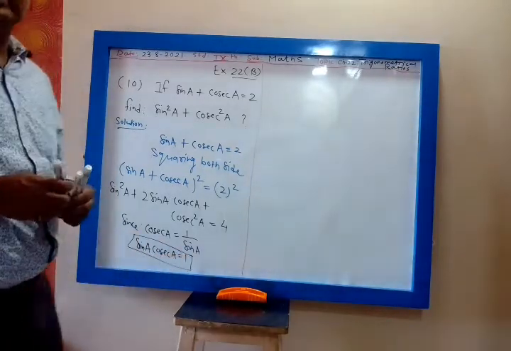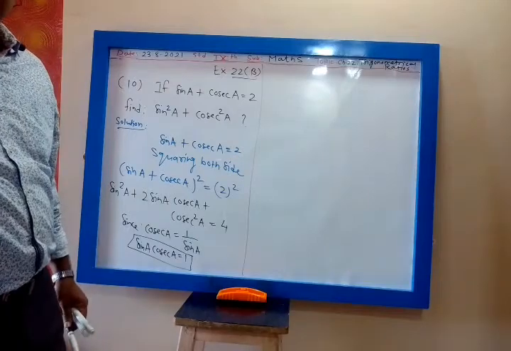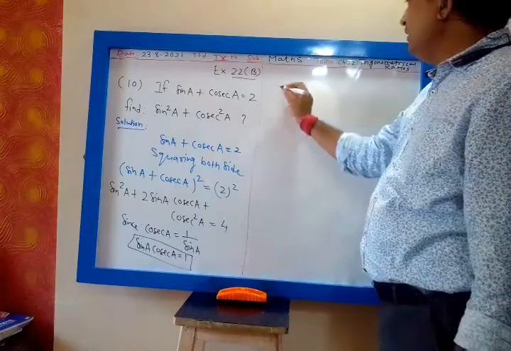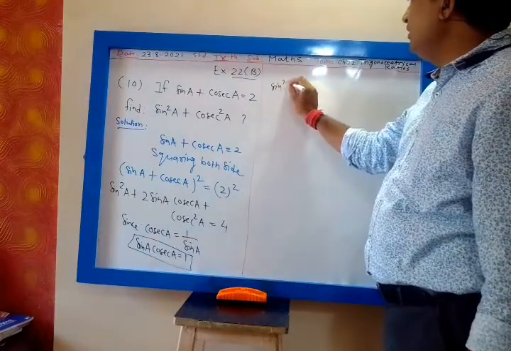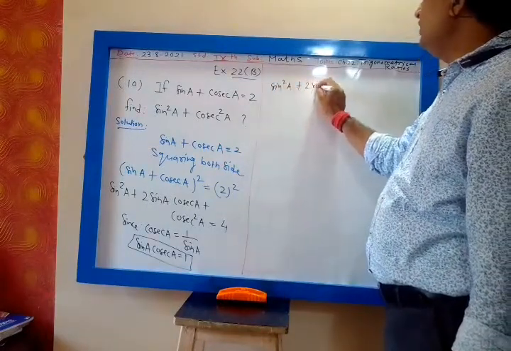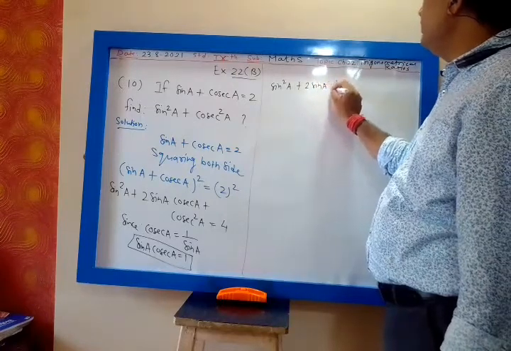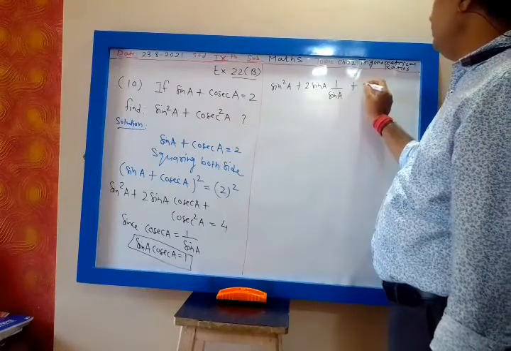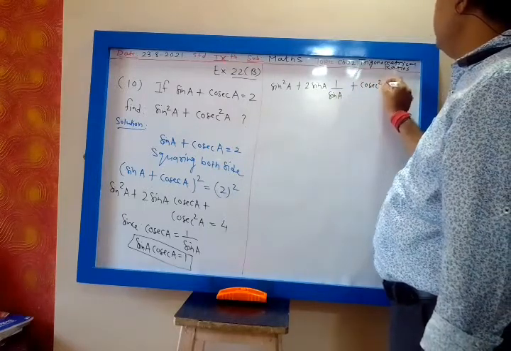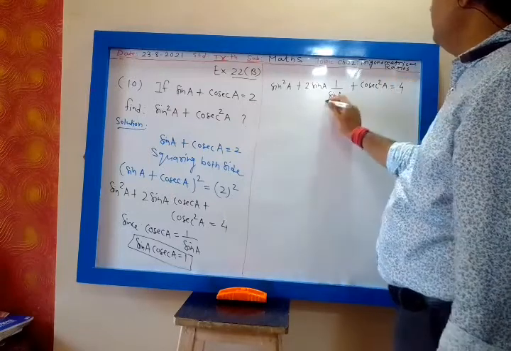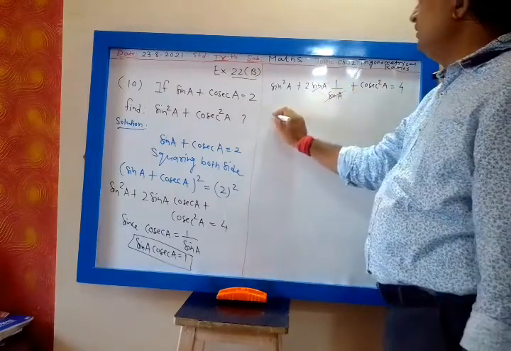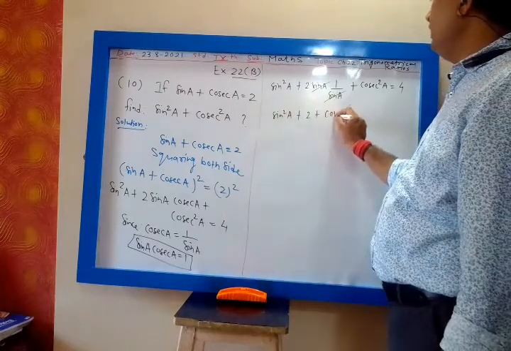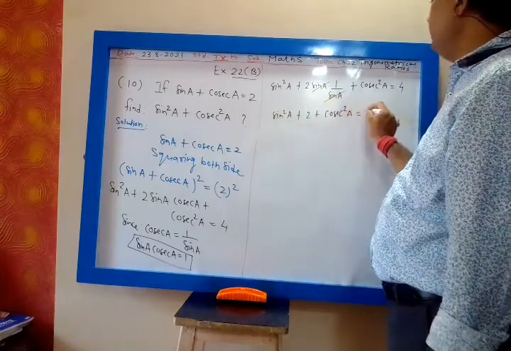So this you can write sin square a plus 2 sin a into 1 upon sin a plus cosec square a is equal to 4. This sin gets cancelled. So sin square a plus 2 plus cosec square a is equal to 4.